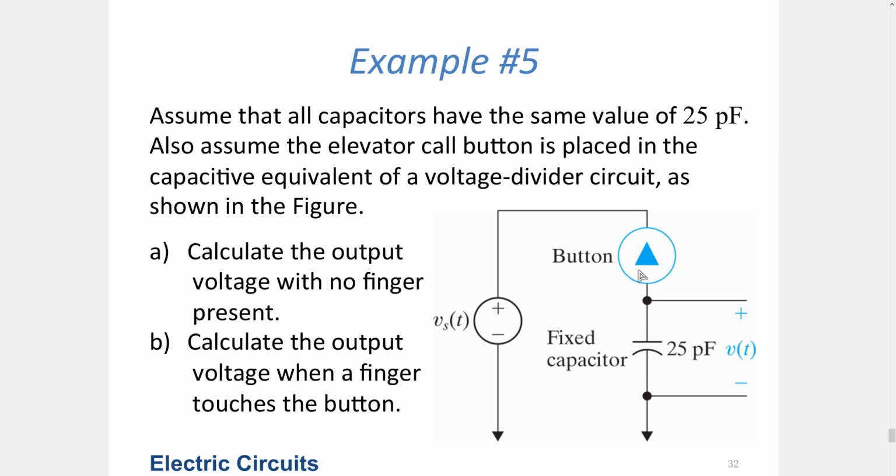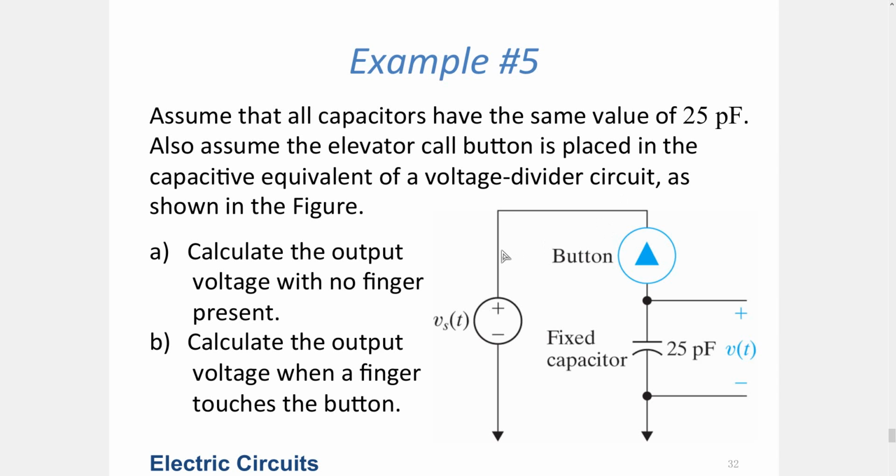When nobody touches, and if all capacitances are 25 picofarads, then half of the voltage will be on this capacitor. This can be measured by a microcontroller or some other means to identify if there has been any touch to the button.